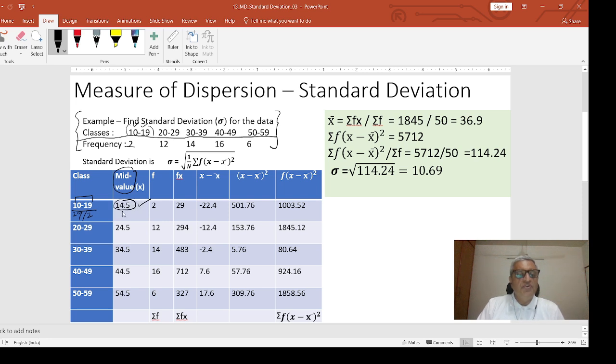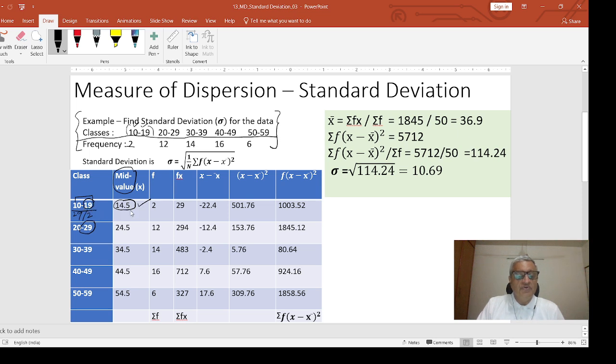Once you get 14.5 as the mid value of the first class, you can just go and add 10, because the difference between the upper limit of the second class and the lower limit of the first class is 10.